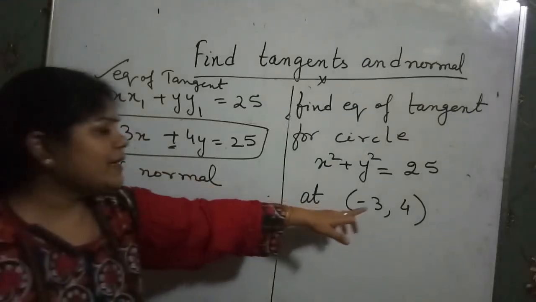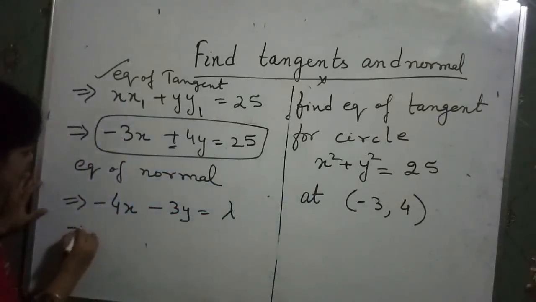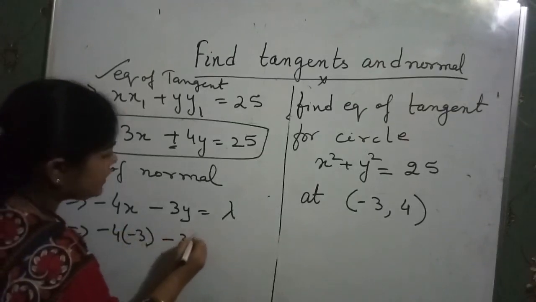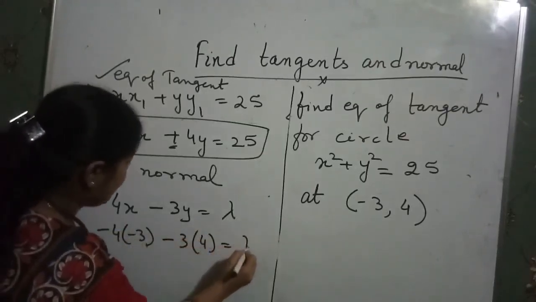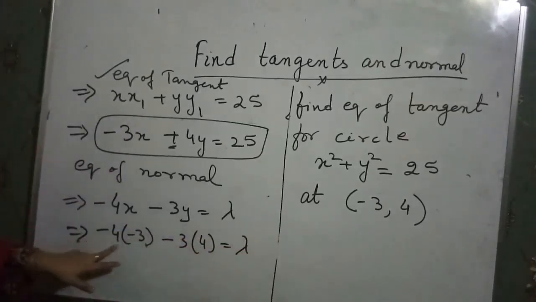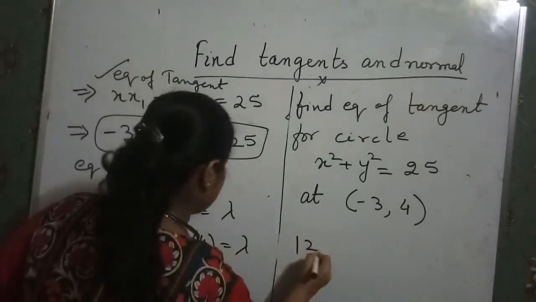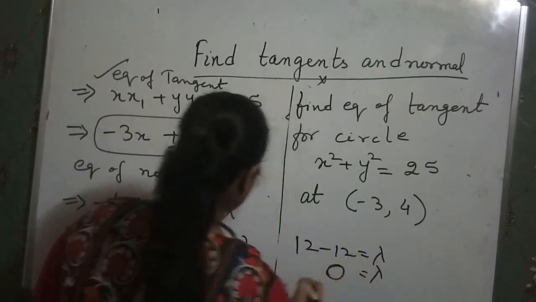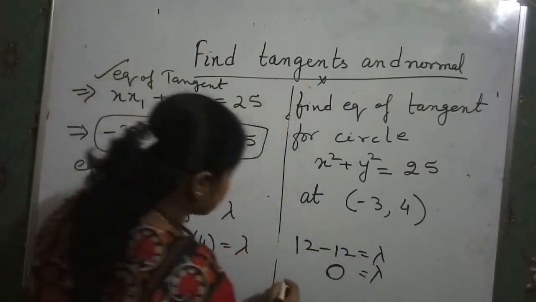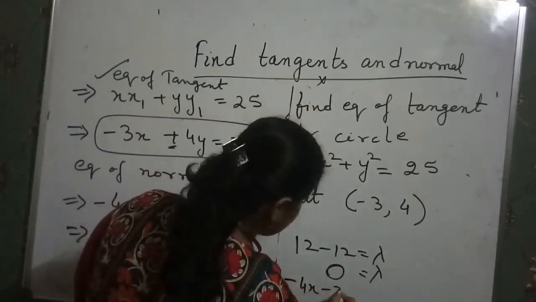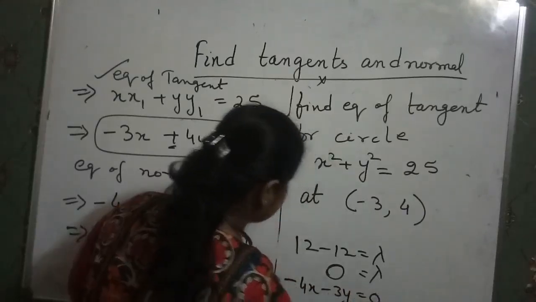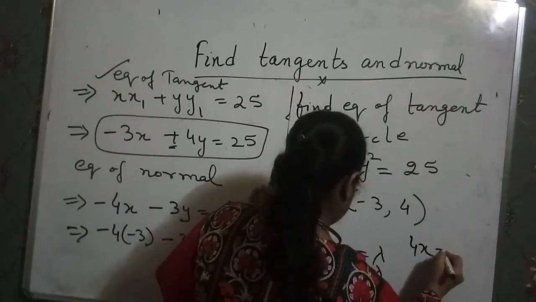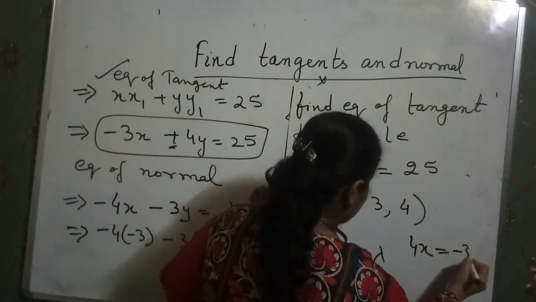Now putting the values minus 3 and 4, we have minus 4 into minus 3 minus 3 into 4 is equal to lambda. So 3 4s are 12, that is plus 12 minus 12 is equal to lambda. So lambda is equal to 0. So here the equation of normal is minus 4x minus 3y is equal to 0, or you can also write it 4x is equal to minus 3y.